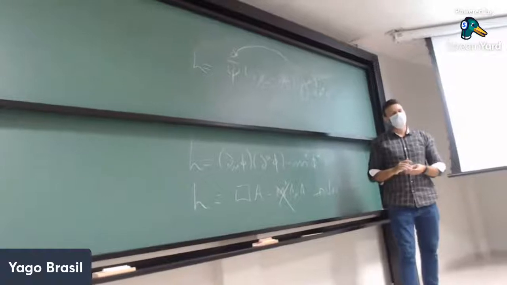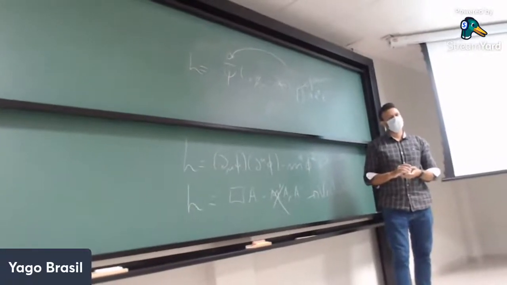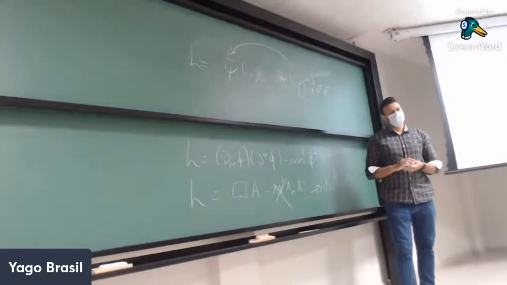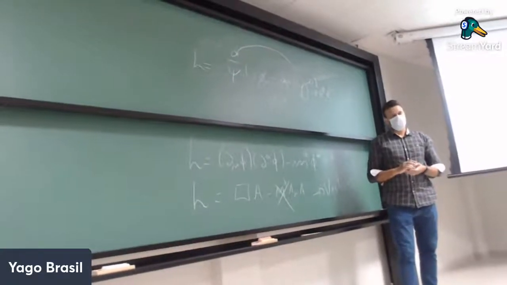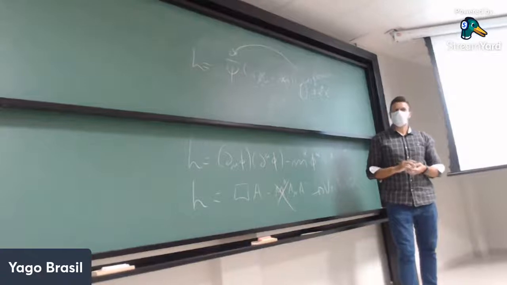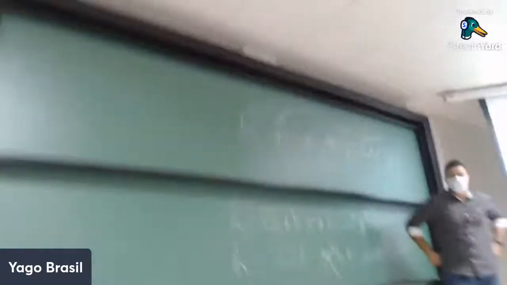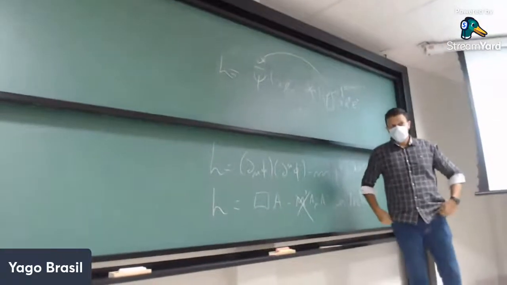But for now, when you study quantum field theory, the real reason is that the conservation of charge is a consequence, not an imposition. Because if I remember well, psi bar is there because it has to be Lorentz invariant.